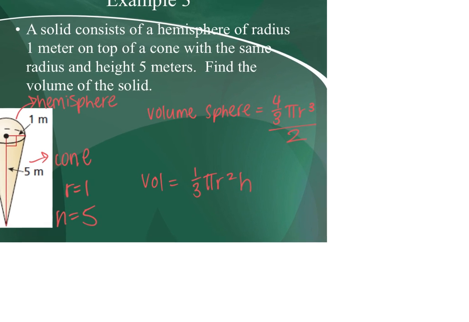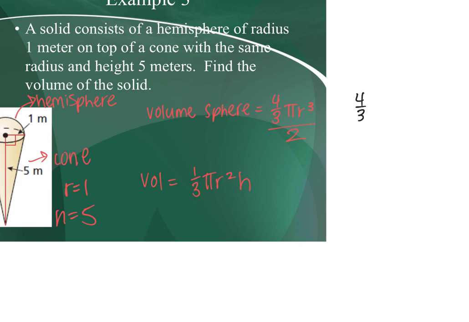Let's go ahead and do 4/3 pi, our radius is 1 cubed, over 2. We plug that into our calculators. 1 cubed is just 1, and then we divide it by 2. You should get 2.1.